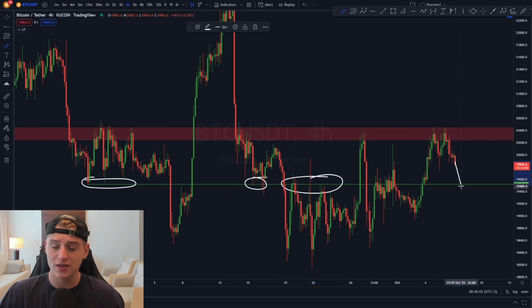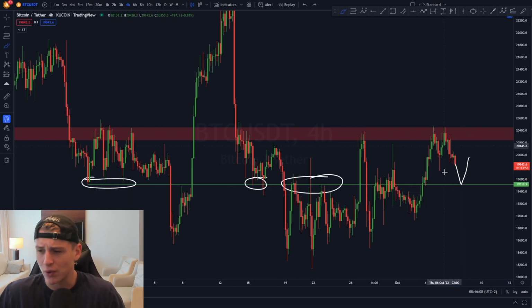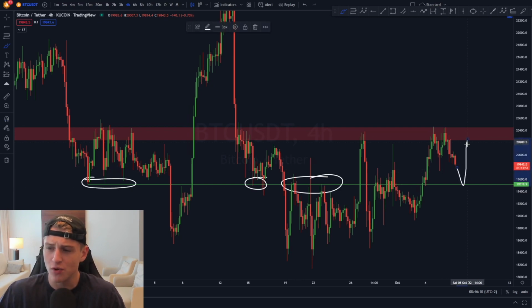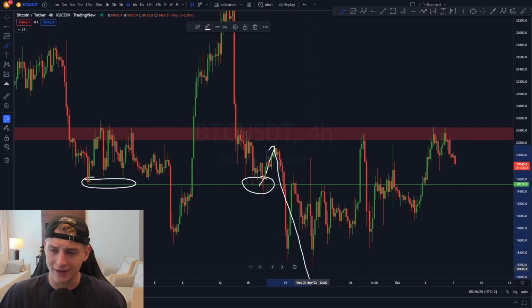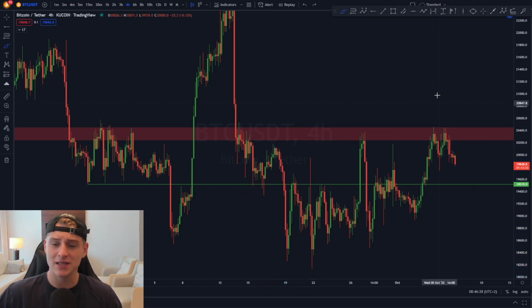And actually, if we do touch it, I honestly do think it's going to be a good level to potentially expect a short-term bounce from. I'm not saying that we are going to be expecting a bounce back towards the moon, but I do expect that we're going to see a significant bounce back towards the higher levels around the $20,000 barrier, basically. And a similar kind of bounce like we got here in the midpoint of September, from basically 19.5K back to 20K before ultimately falling down again. So yeah, that is basically my expectation.